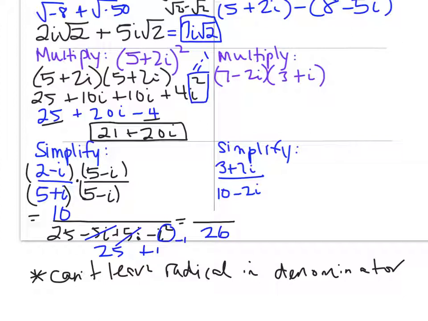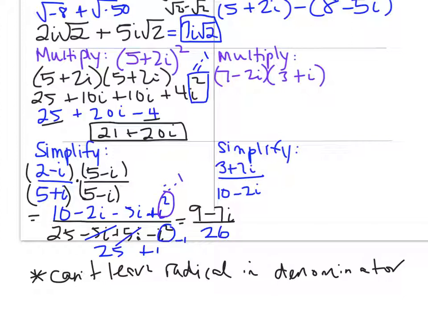We'll have 10 for my first, minus 2i, minus 5i, plus i squared for that one, because of those signs. This part right here is negative 1, so it will combine with the 10, and I'll end up with 9, because 10 minus 1, minus 7i.